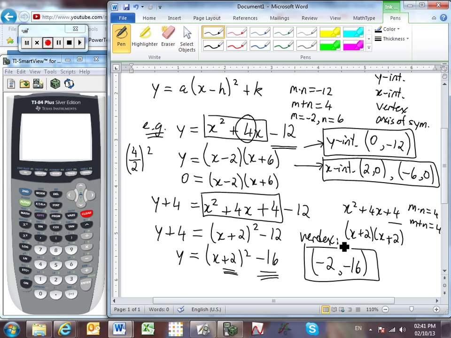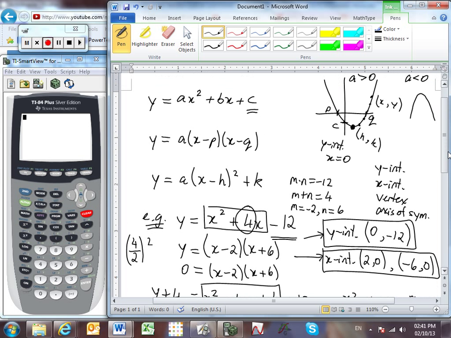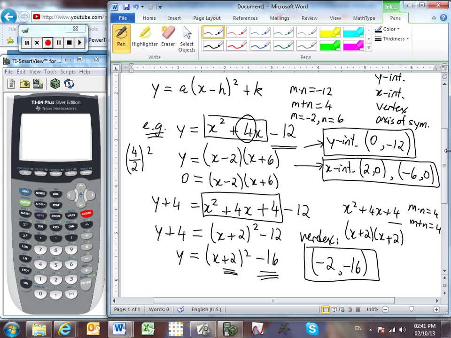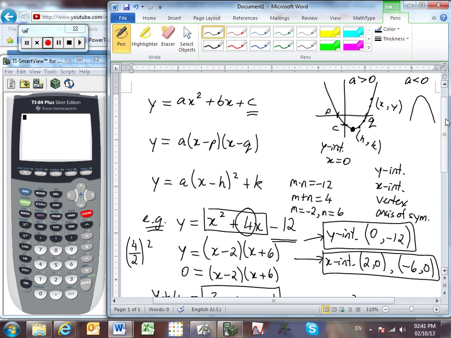There is one more piece of information that we can find known as the axis of symmetry, and I want to return to the original diagram here, so we can kind of put this into some context. I'll give you three different formulas. Now remember that an axis of symmetry represents a vertical line that's going right through the vertex.